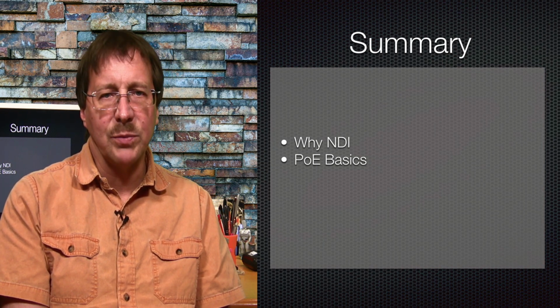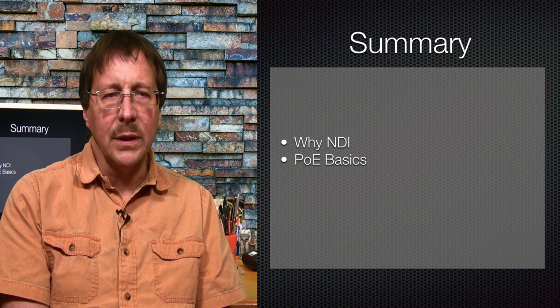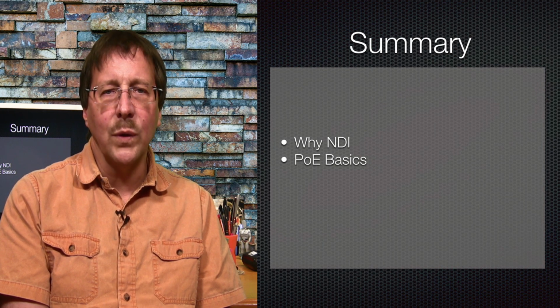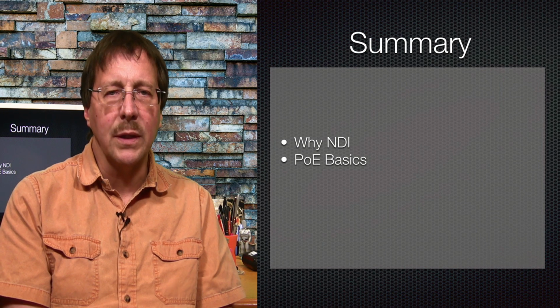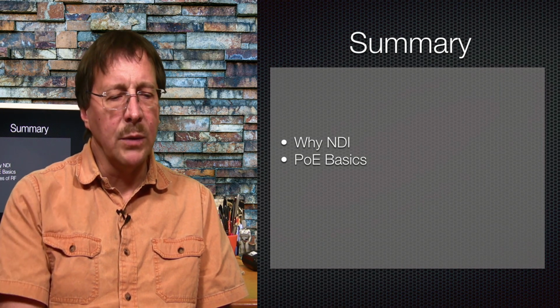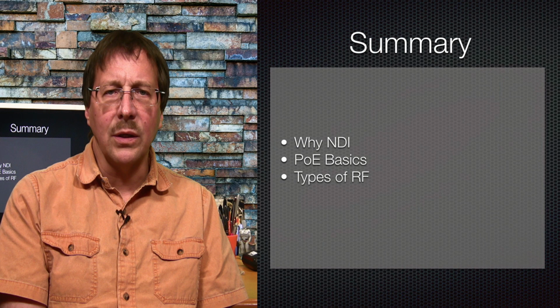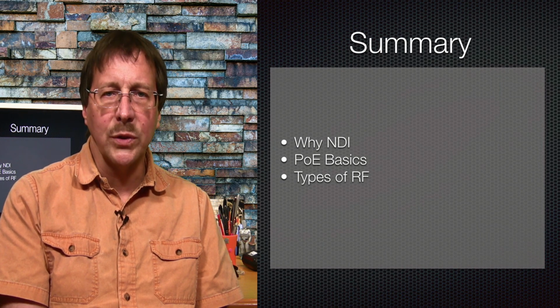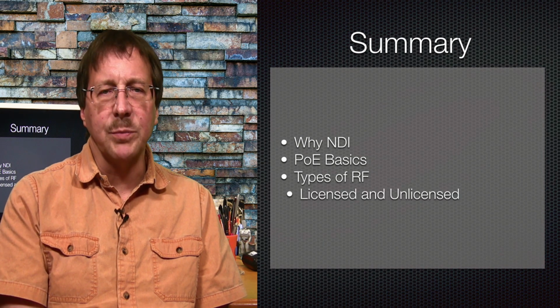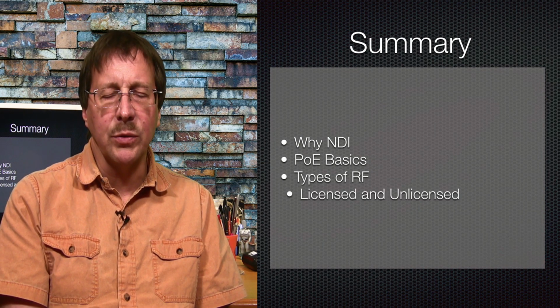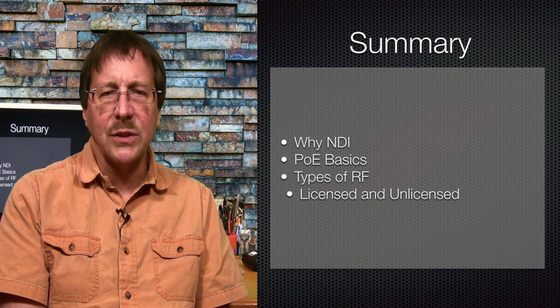We looked at switches and power, and tried to give you a better idea of what kind of equipment to look for and what to watch when purchasing equipment. Then we started to take a look at RF and how wireless works in general, and we looked at the difference between licensed and unlicensed microwave. So those are the topics for today.